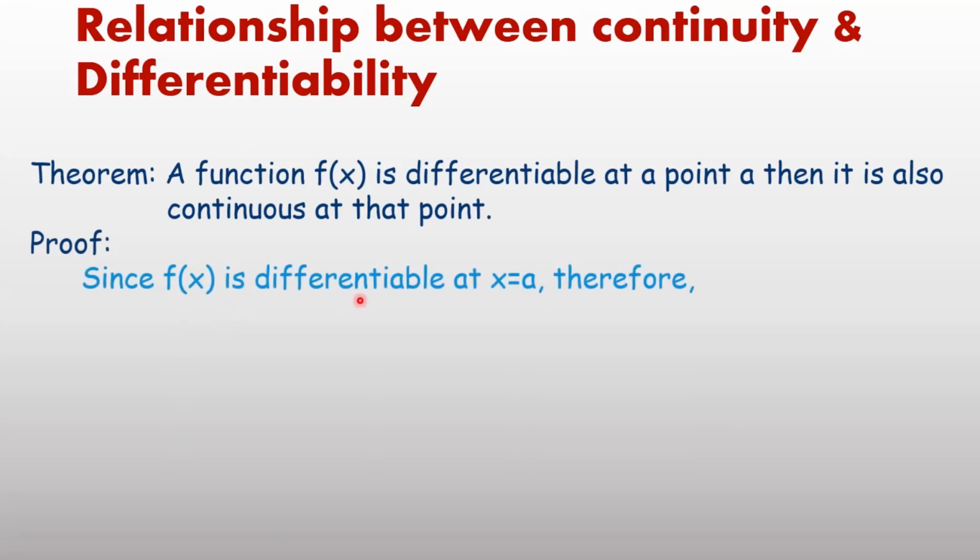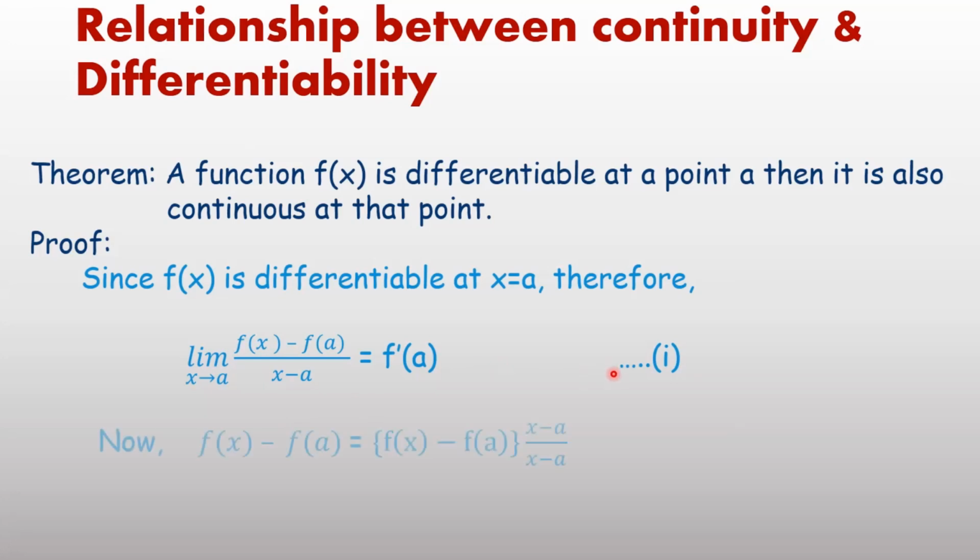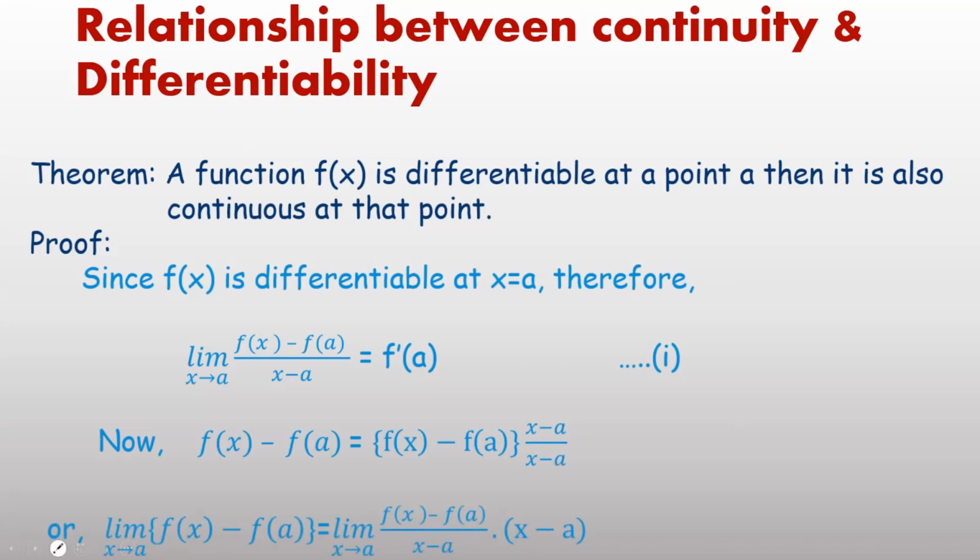For the proof, since f(x) is differentiable at x equal to a, directly you can apply the formula. The left hand derivative and right hand derivative in combined form we can write as limit x tends to a, f(x) minus f(a) upon x minus a equal to f dash a. Make it equation one. Also, f(x) minus f(a) we can write as f(x) minus f(a) multiplied by x minus a upon x minus a. Then limit x tends to a of f(x) minus f(a) equals limit x tends to a of f(x) minus f(a) upon x minus a, multiplied by x minus a.